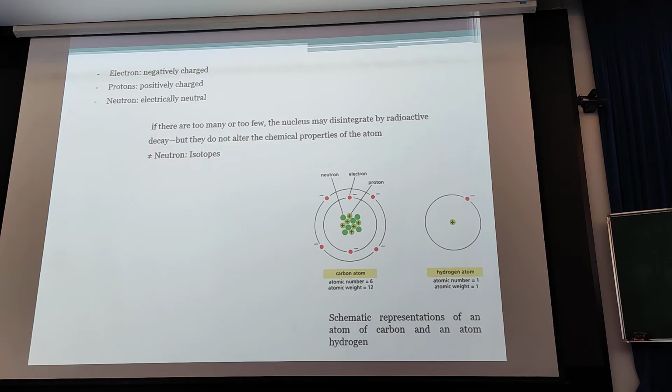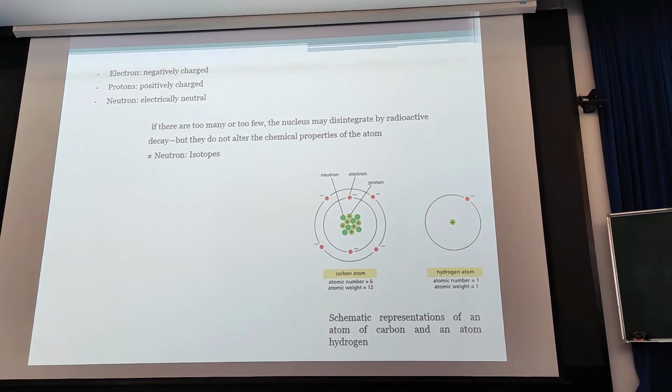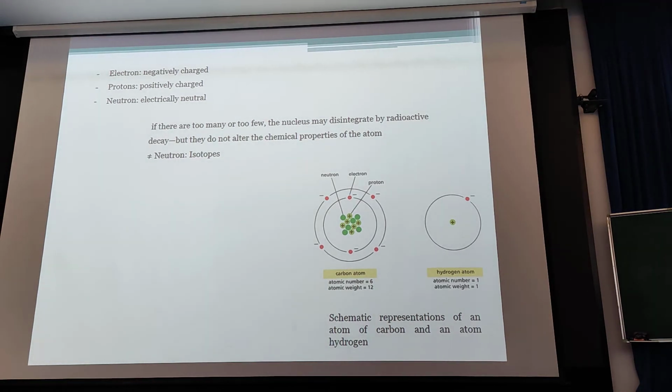So different atoms of the same element can have different masses. If they have too many or too few neutrons in the nucleus, the nucleus may not be stable, and it will disintegrate by radioactive decay. For example, here the atoms are carbons.